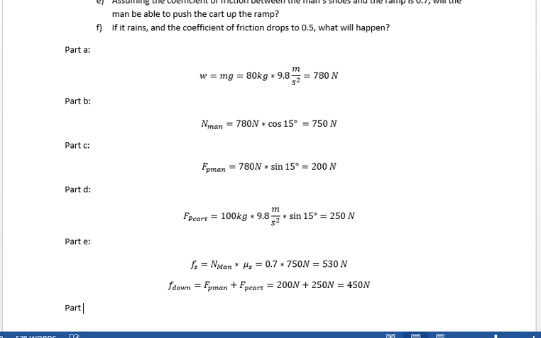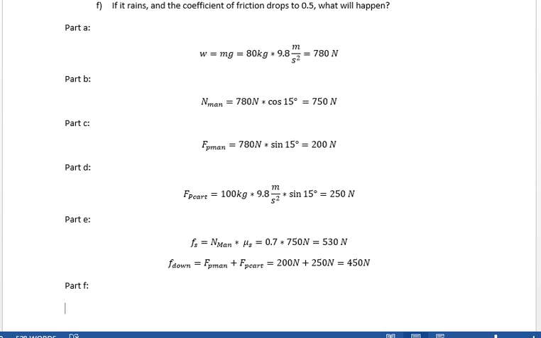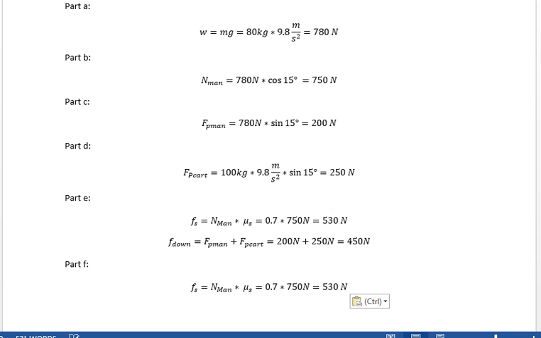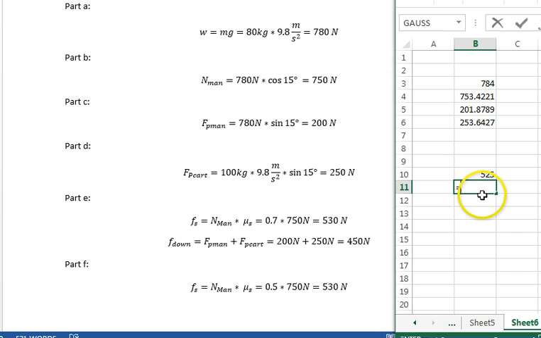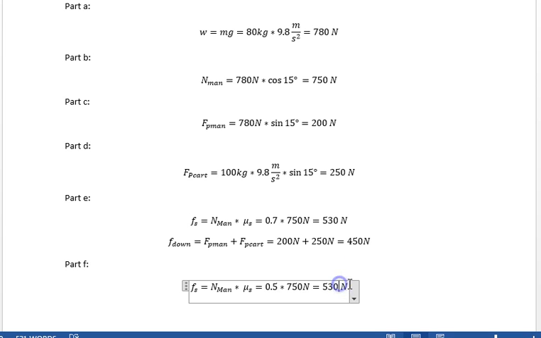Now, part F. If it rains, the coefficient of friction drops to 0.5. What will happen? 0.5 times 750 is 380 newtons.